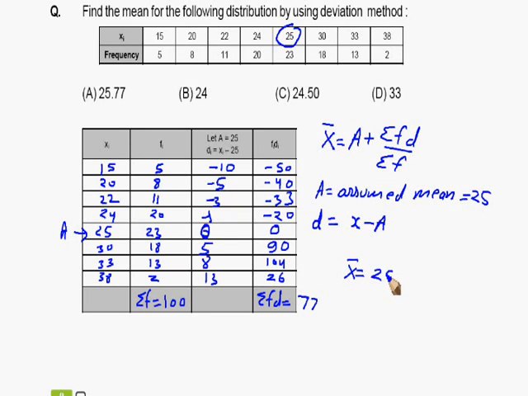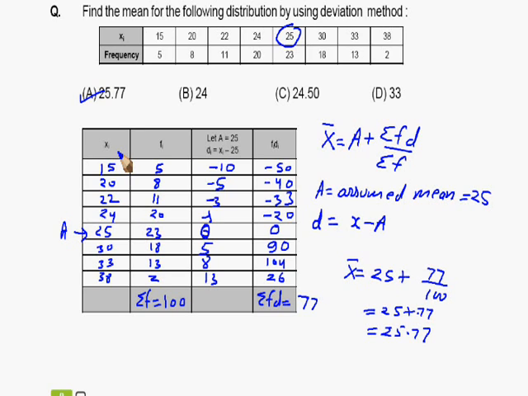Here a is 25, sigma fd is 77, and sigma f is 100. So the mean is 25 plus 0.77, which comes to be 25.77. So option A is correct.